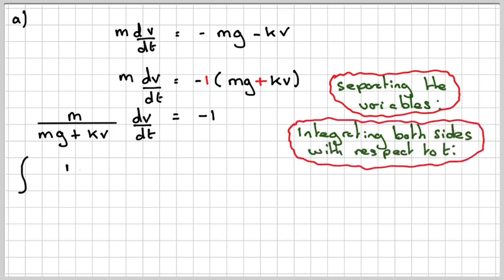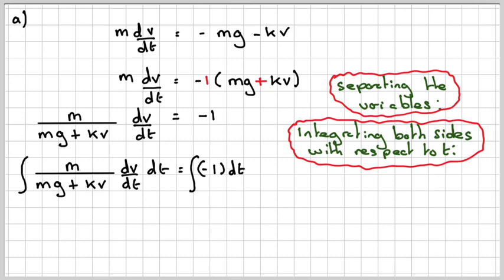So if we do that, we're going to get the integral of this times dv by dt is equal to the integral of minus 1 dt. So actually this side we're integrating with respect to v. Now this is an ln, so if we try ln of mg plus kv, remember that m and g are constants and k is a constant, then when we differentiate this, we're going to get k over this.